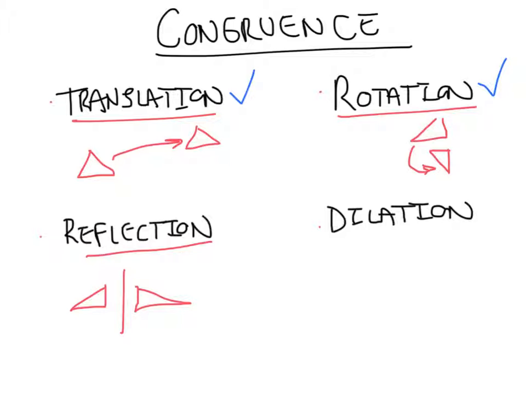Probably not. So does our reflection preserve congruence? Yes, it does, because our reflection just flips it across the axis, doesn't change the size, doesn't change the shape.